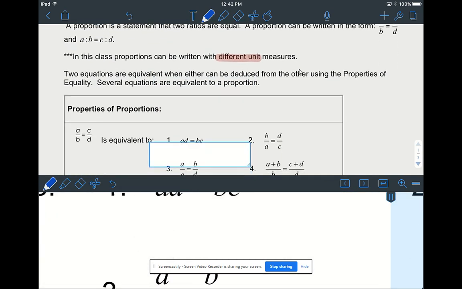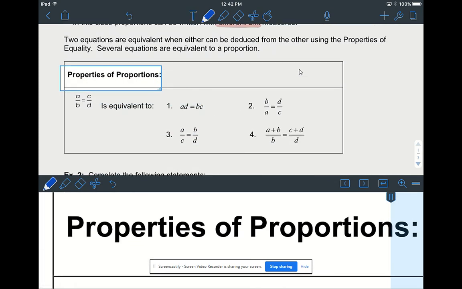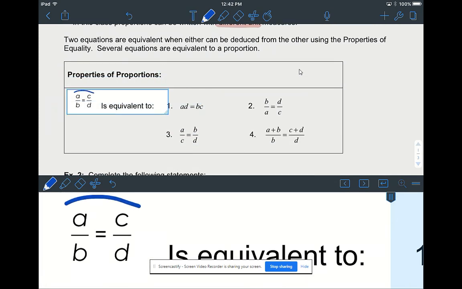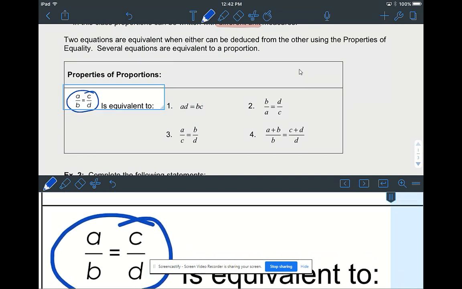Two equations are equivalent when either can be deduced from the other using a property of equality. Several equations are equivalent to a proportion. So these are our properties of proportions. If we have a basic proportion here, based on properties of proportions, the equivalencies, we can write this proportion in 4 different equivalent ways.